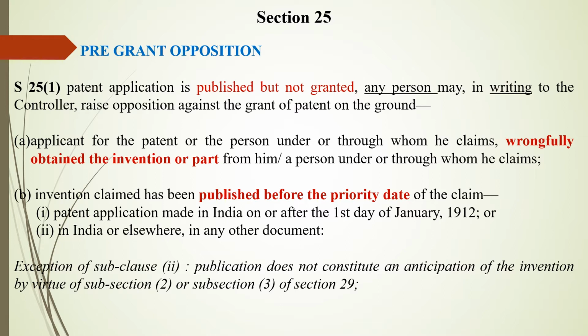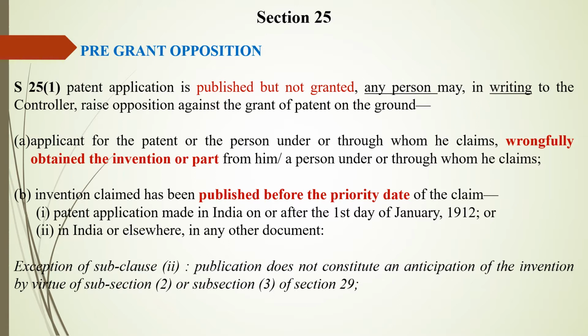B. Invention claimed has been published before the priority date of the claim. There are two subclauses. 1. Patent application made in India on or after 1st January 1912, or number 2, in India or elsewhere in any other document. That is, in patent document as well as non-patent document.